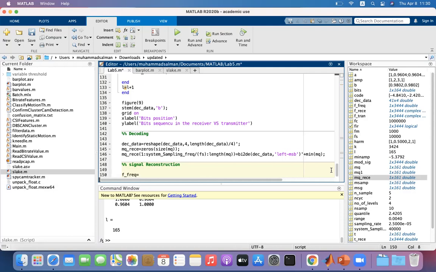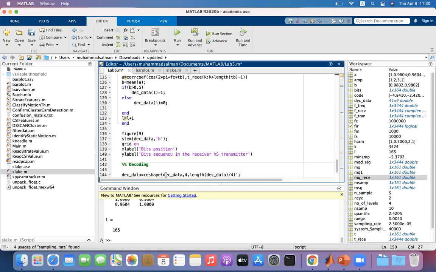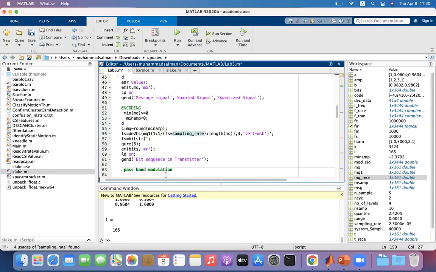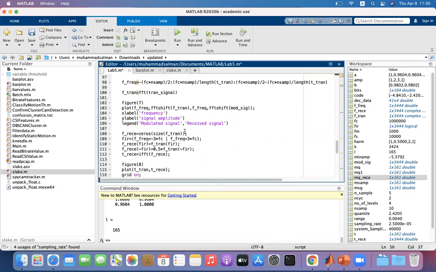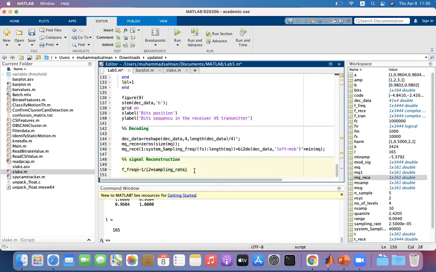is equal to minus 1 divided by twice of the sampling underscore rate. I think this is the variable we defined before. Yes, so I'm using this one. I'm starting from there, and then I am making the offset like this.